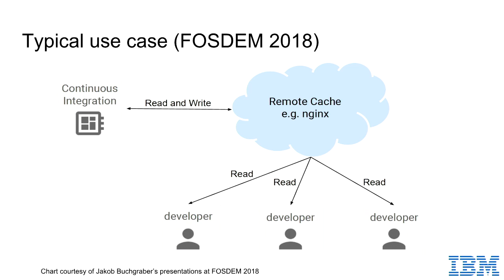In his example, he used Nginx. The developers come in, download the new master, and build on their local machine; they can directly download the cache and don't need to build from scratch, so they save time.